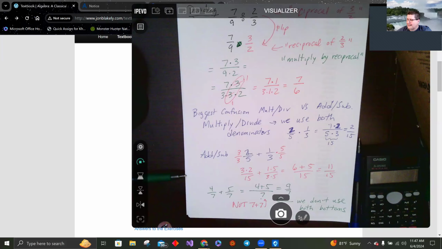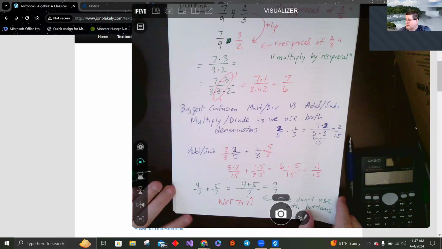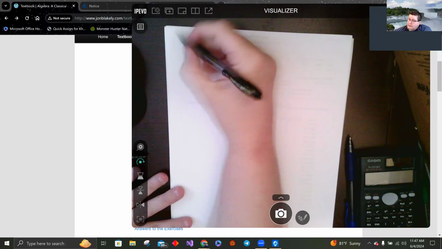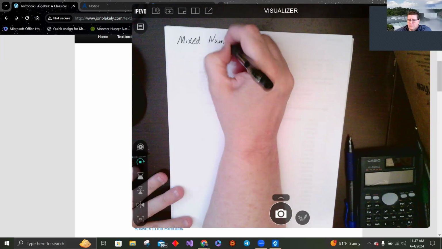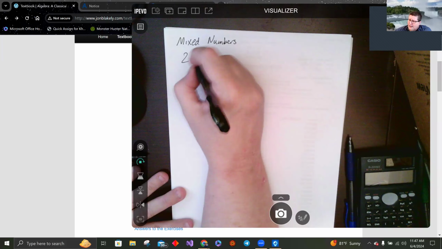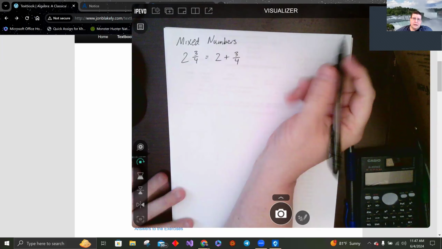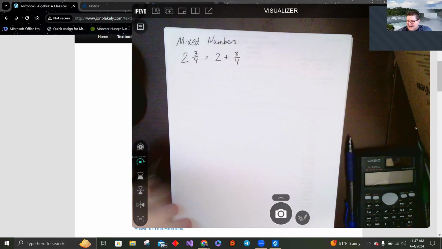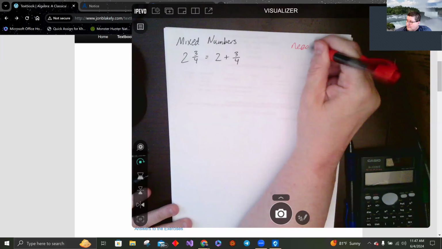All right, there's one other idea in this section. It's related to these numbers. It's mixed numbers. I'm going to do it real quick. Two and 3/4 is the same thing as 2 plus 3/4. And to add these, I need a common denominator.